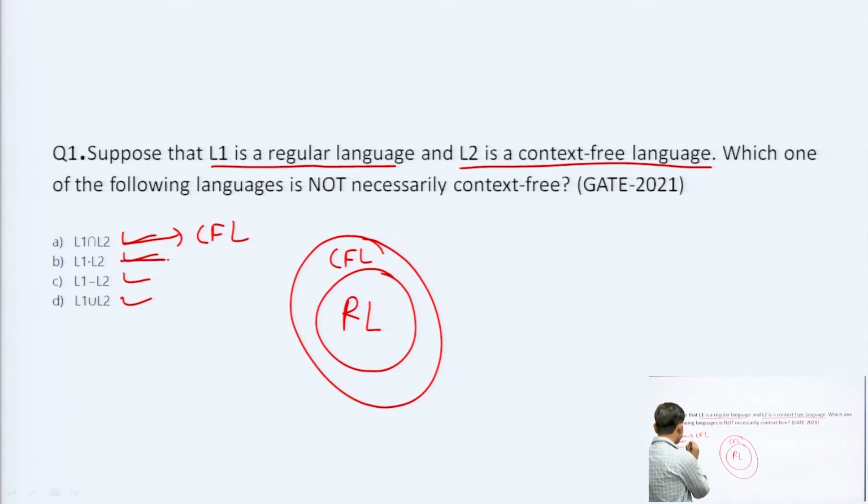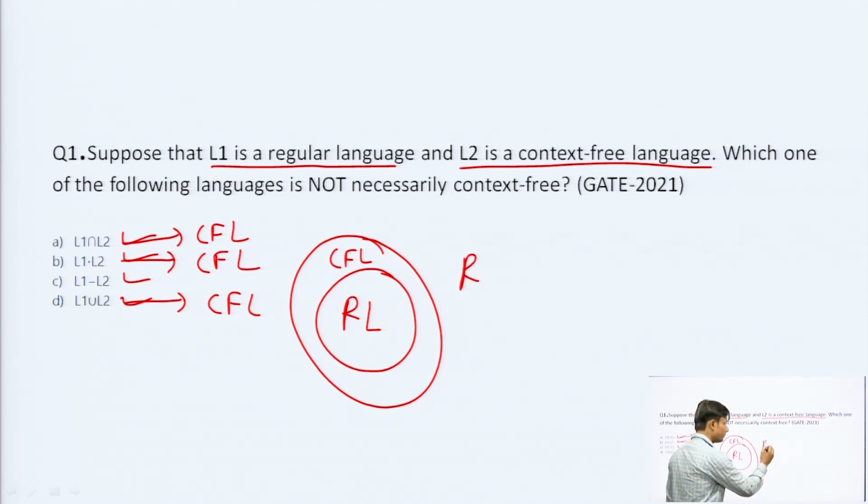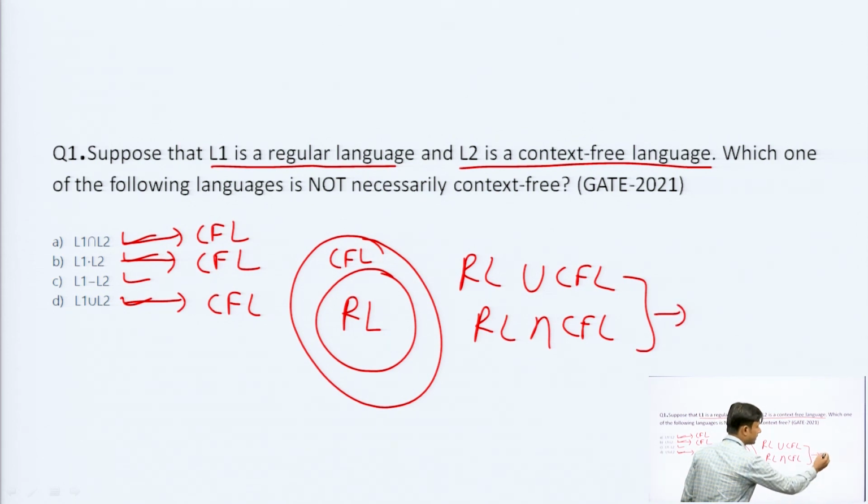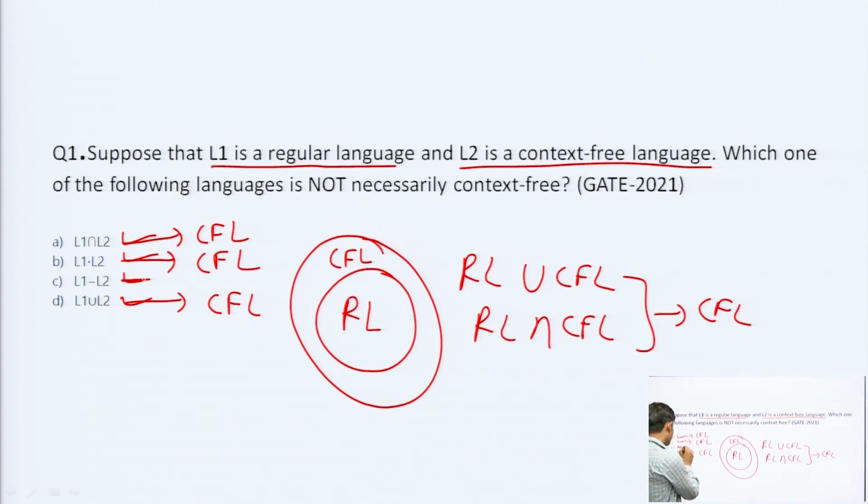Concatenation is the same thing, this can be a CFL. Now L1 union L2 can also be a CFL. I told you already that either union or intersection will always be the higher language. So regular language union CFL or regular language intersection CFL, in both cases the result will be a CFL.